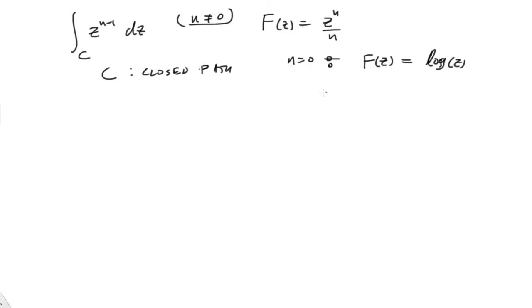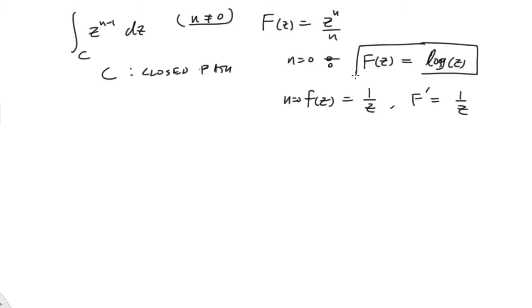Because if f of z, in the n equals 0 case, is equal to 1 over z, then F prime is equal to 1 over z. But the problem with log is that, as I'll show later on, its domain is a bit restricted, as we know.